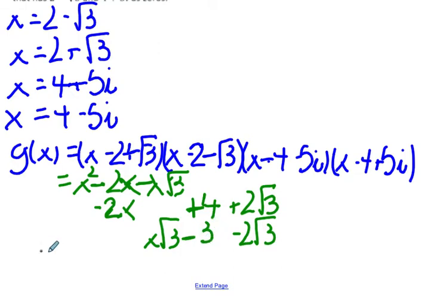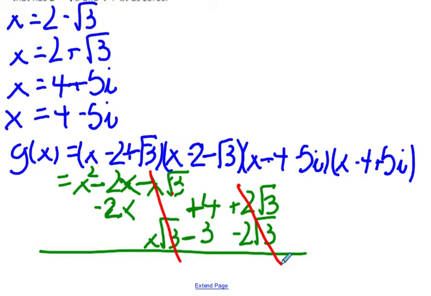So I have my like terms all aligned here. So hopefully you notice here again that much like the last one, we see some things cancel out. Negative x radical 3 and positive x radical 3 are going to cancel out. And then 2 radical 3 and negative 2 radical 3 are also going to cancel out.